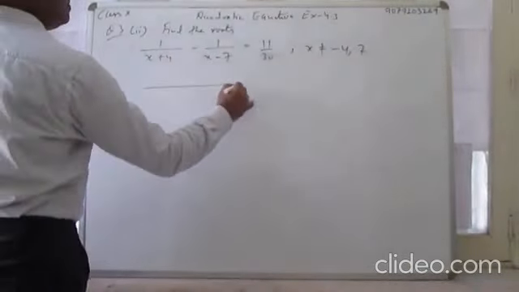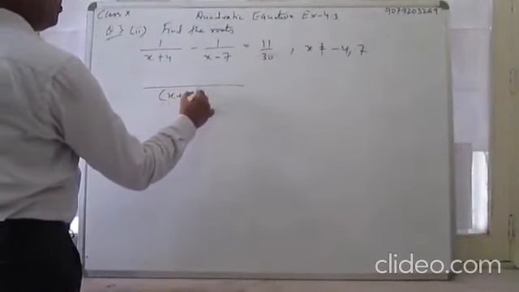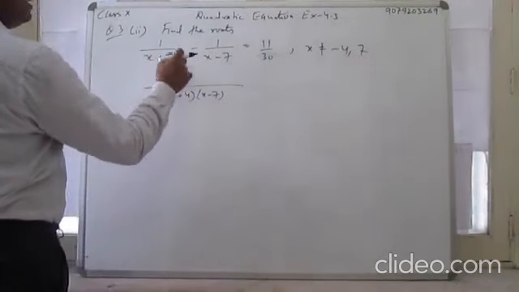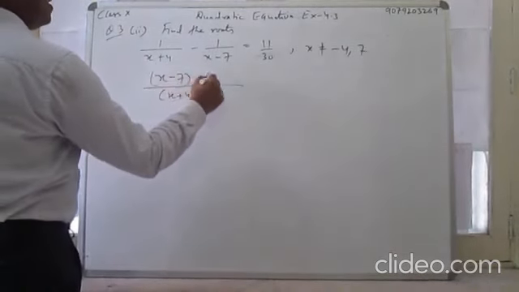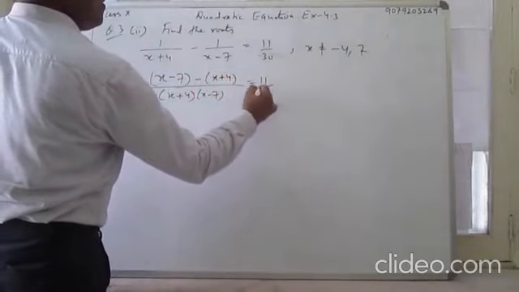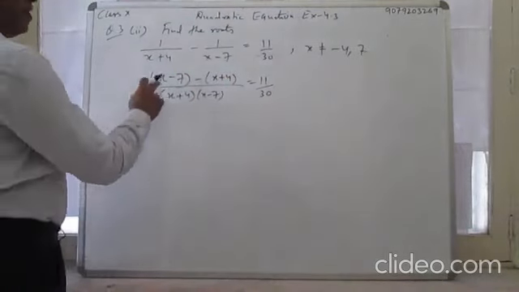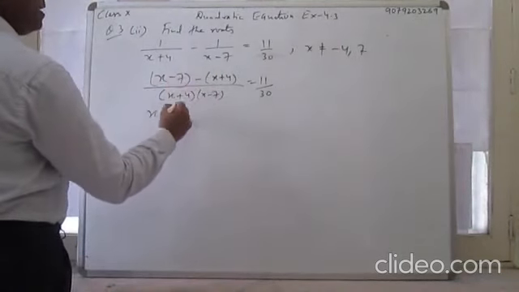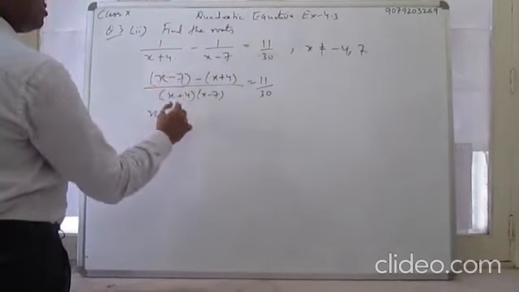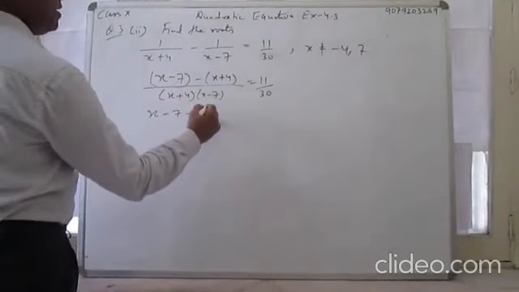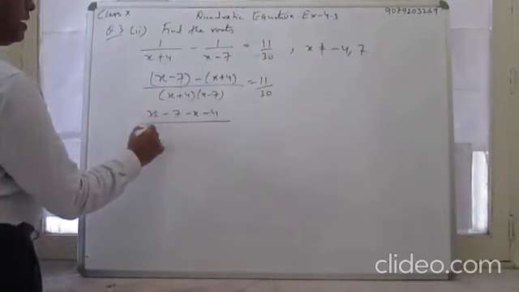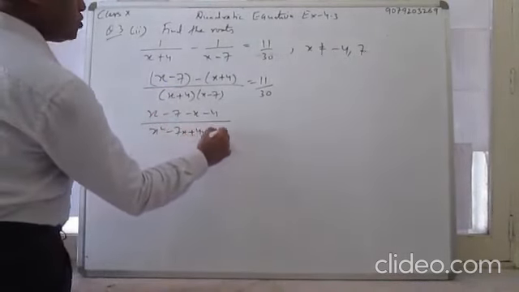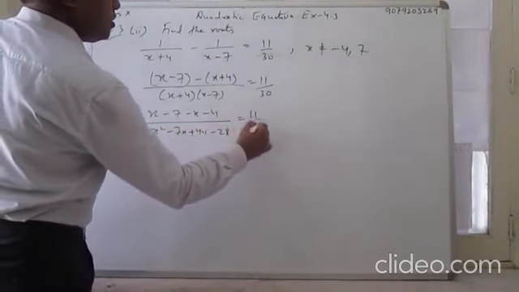First you take the LCM. x plus 4, x minus 7; this divided by this, so it is x minus 7 minus x plus 4 is equal to 11 by 30. Now solve it. x minus 7 minus x minus 4 upon multiplied out, x square minus 7x plus 4x minus 28 is equal to 11 upon 30.